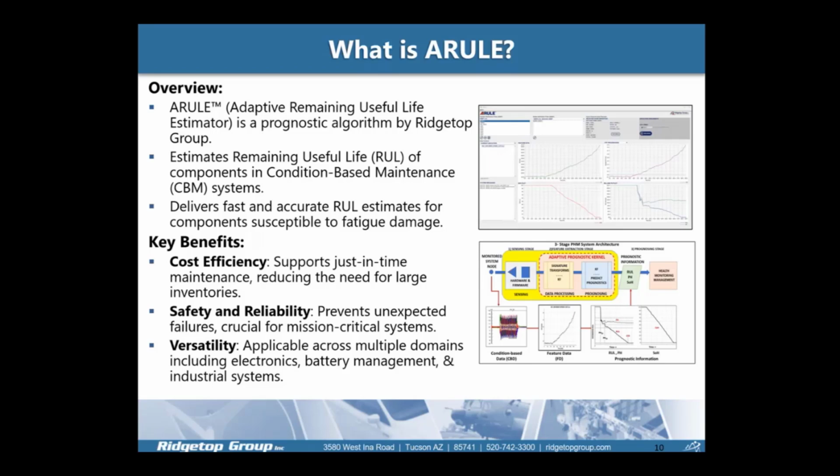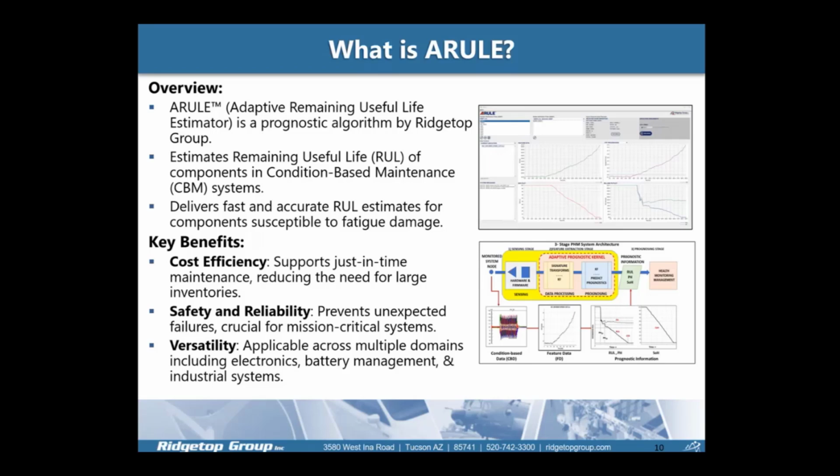So in summary, ARULE is a prognostic reasoner that allows us to determine the RUL and state of health of critical systems by processing feature data, and it delivers fast and accurate prognostic assessments for the state of health, RUL, and prognostic horizon, which are all key condition indicators for a prognostic application.